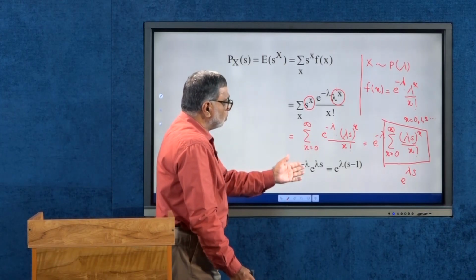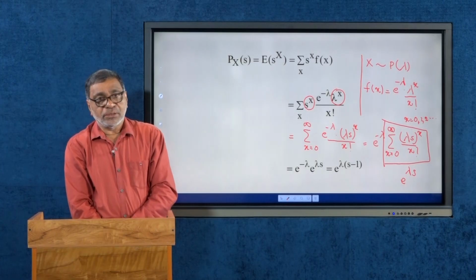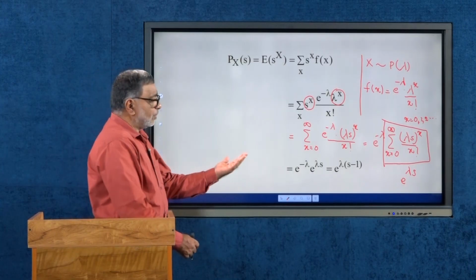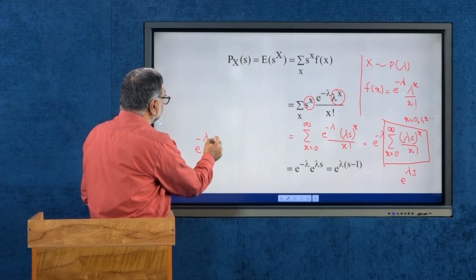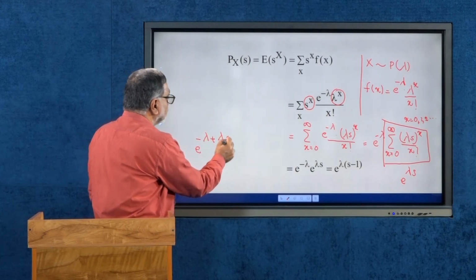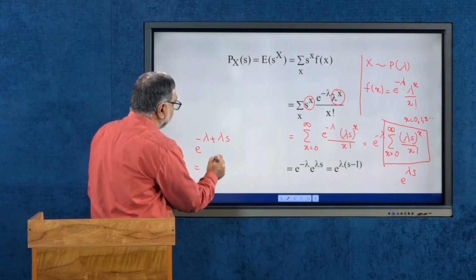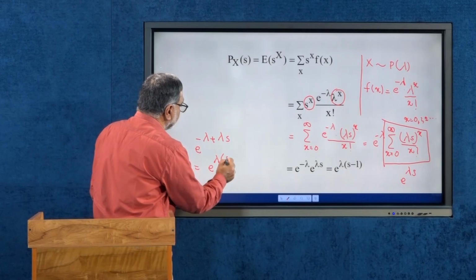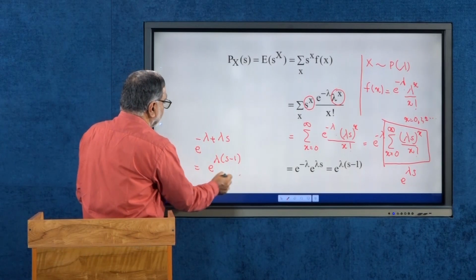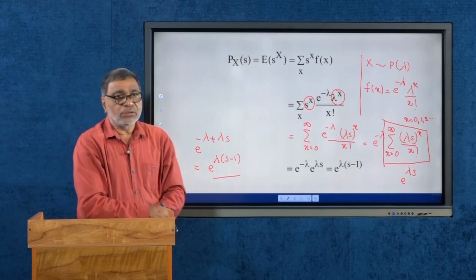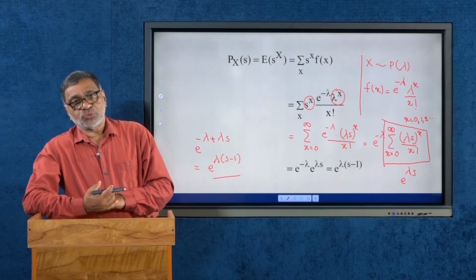So, this is equal to e power minus lambda into e power lambda s. Combining the factors, e power minus lambda plus lambda s, you can write this expression as e power lambda into (s minus 1). So, for a Poisson distribution, the probability generating function is given by e power lambda (s minus 1).